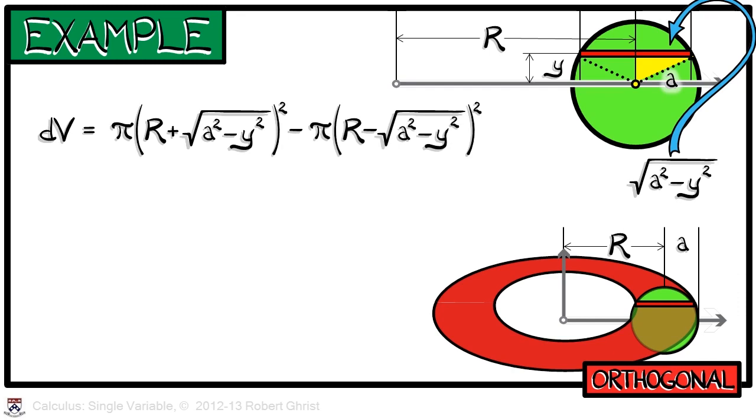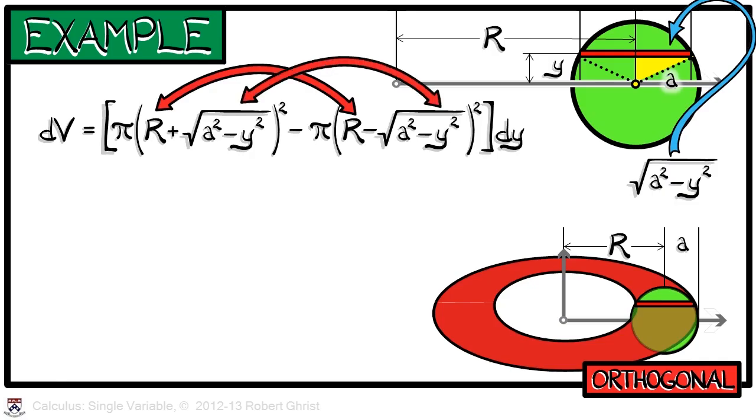That is the disk with radius capital R minus the square root of a squared minus y squared. Now this volume element is, of course, multiplied by dy, and then algebraically simplified, we see that we have identical terms in our squares, and we're subtracting the latter from the former.